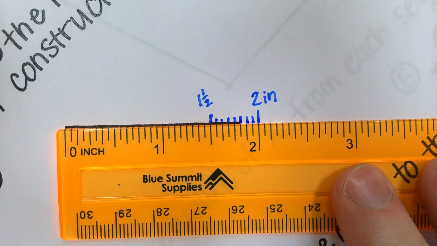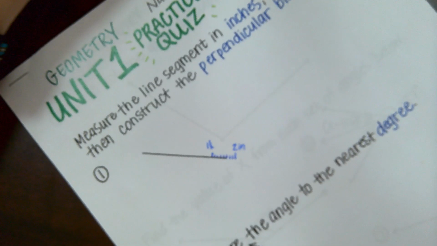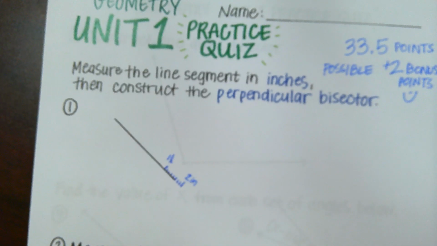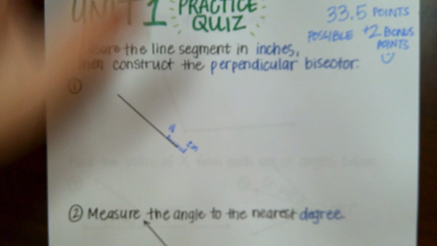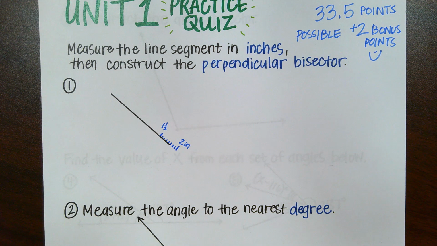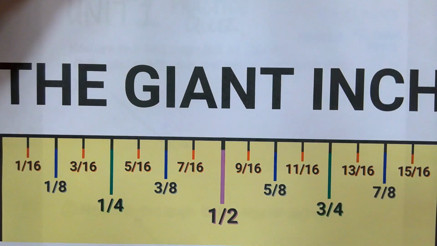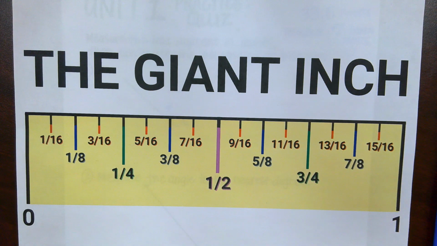So this is where I would be using the big inch paper. I'm going to grab that real quick. So this focuses. Pause. So here it is, the giant inch. And let's look at our measurement.